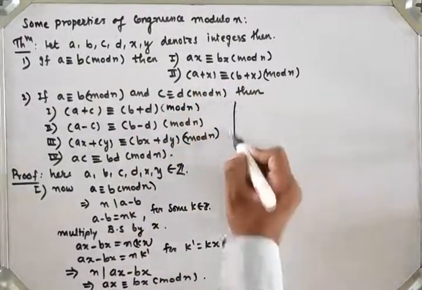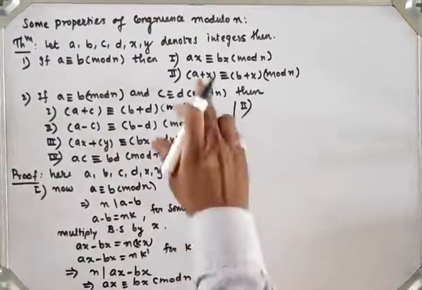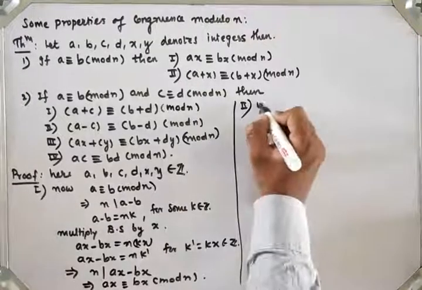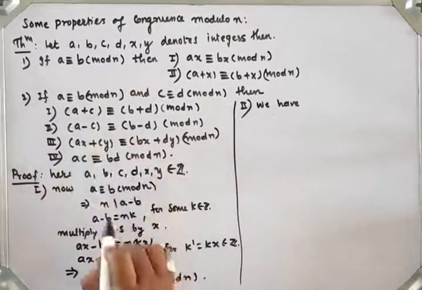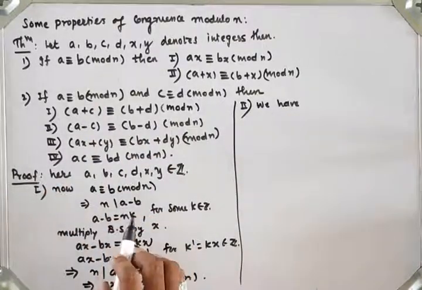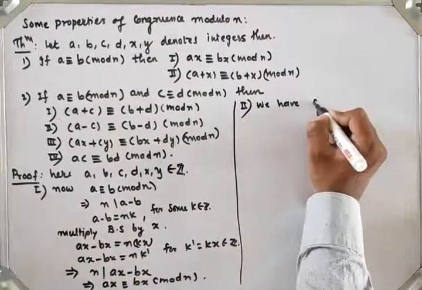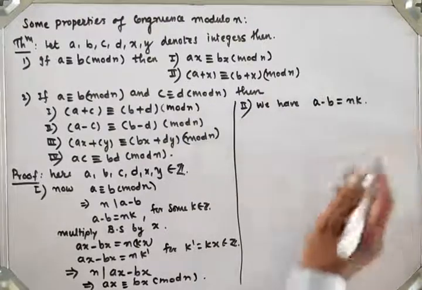Now to prove the second part: A plus x is congruent to B plus x modulo n. We have the relation A minus B is equal to n times k.